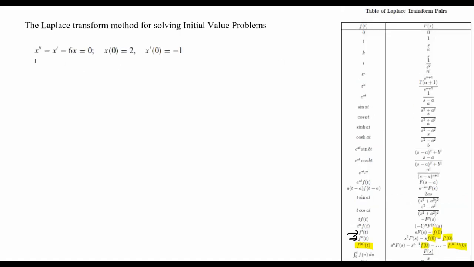Here's an example, a second order differential equation. We will go to our table and convert. Let's look at the second derivative: s squared F(s) minus sf(0).